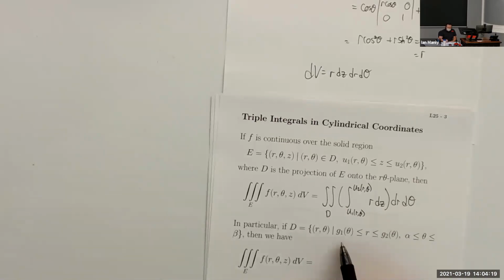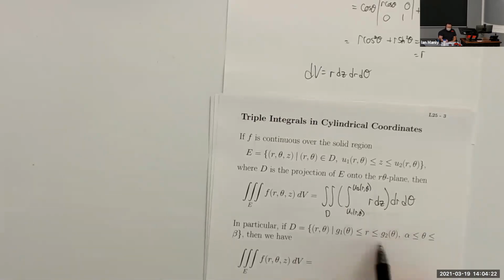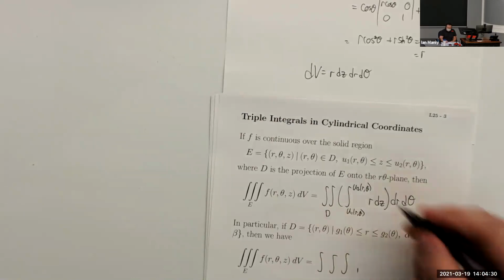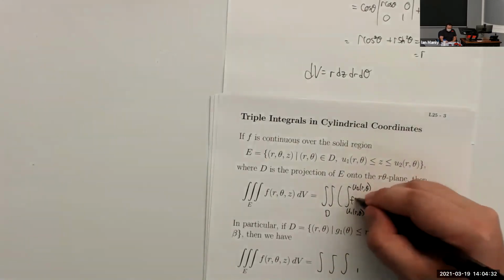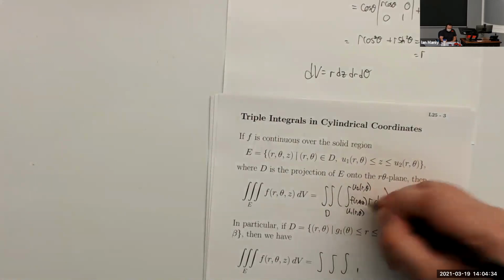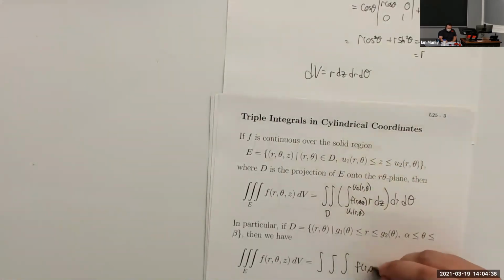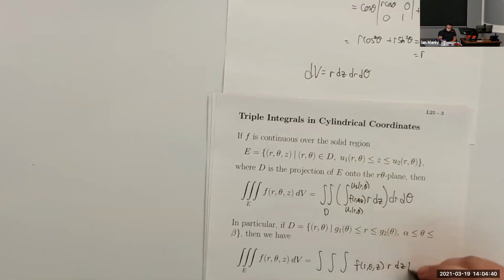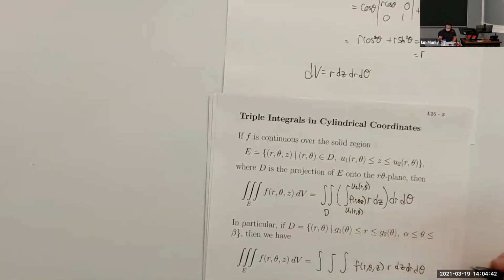Now, in particular, if we're able to bound our r in between two functions of theta, then we could further write this out as the integral of, oh, oops, I forgot the function here. Let's put the function in there, we need that. r dz dr d theta.